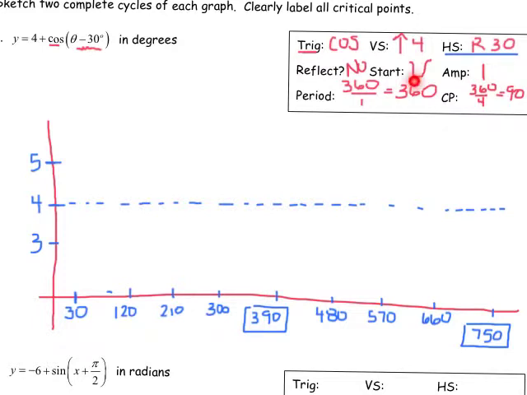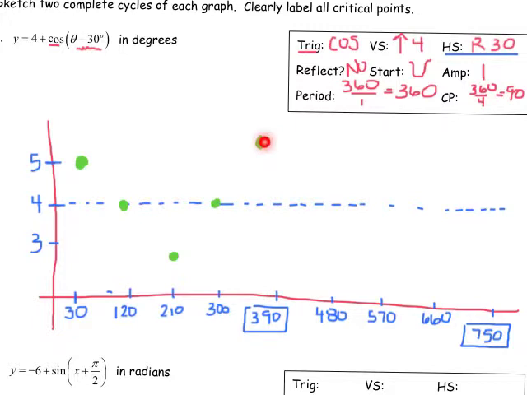So remember that we're going to do the U shape, and you start here at the 30. At the 30, I'm going to start at the top, because that's the U cosine shape. And then from the top, I go top, middle, down, middle, top. So that's one cycle. Now I need to start again.